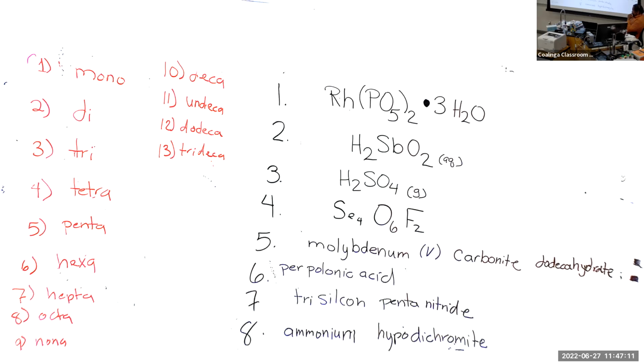So it would be Mo, something, parentheses, something carbonate. It wasn't carbonite, it was carbonate.